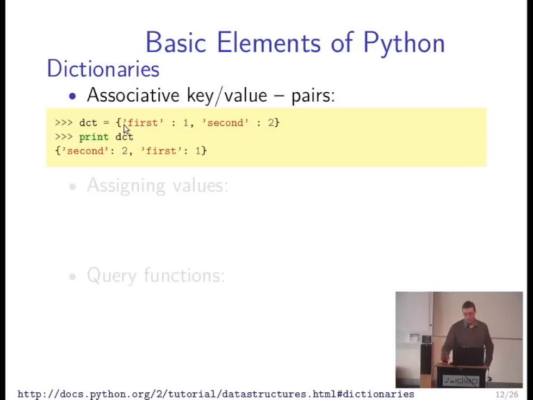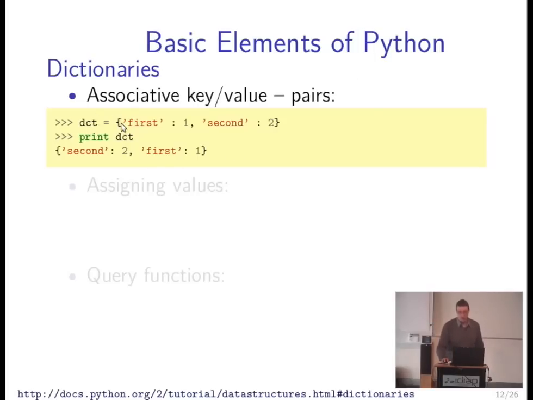So to create a dictionary, there are several ways, but the fastest way is when you know all the objects: you say key 1, which I call first, colon, value 1, which is 1, key 2, value 2, and you can have more.